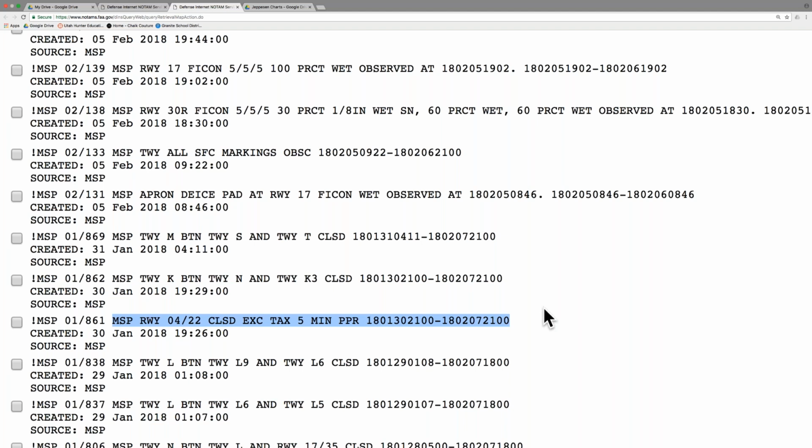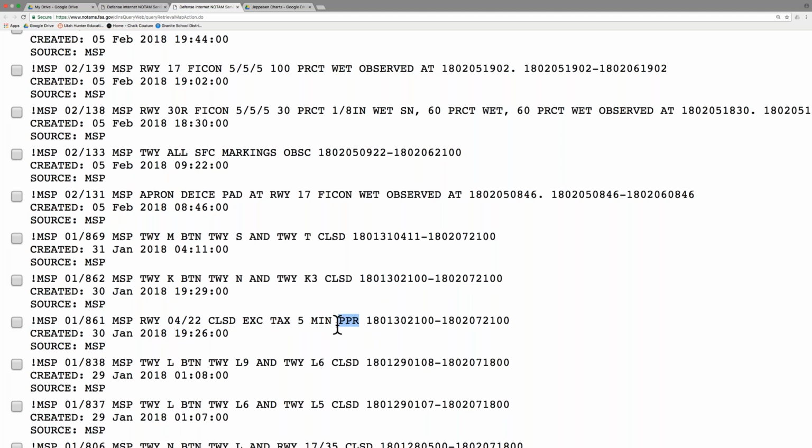Okay, so on April the 22nd, NOTAM of April, runway 4 and 22 are closed. And then what'd you say EXC was? I want to say this says except for taxi. Except taxi time is 5 minutes.